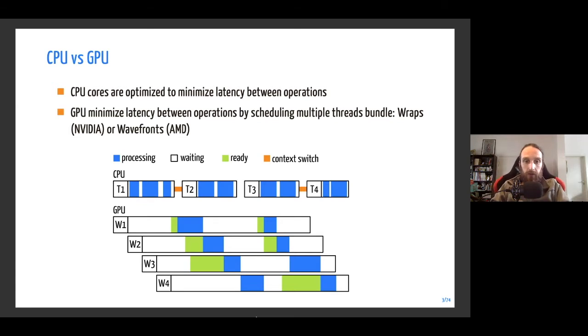The goal is really to have a warp that is always active while the other warps are waiting for memory access or are ready to be scheduled. So the goal is to always have a warp running while the others are waiting. You have an internal scheduler on the GPU that will maximize the usage of the streaming multiprocessor or compute unit. And this is the main difference with the CPU, where the threads are running as much as possible before a context switch.